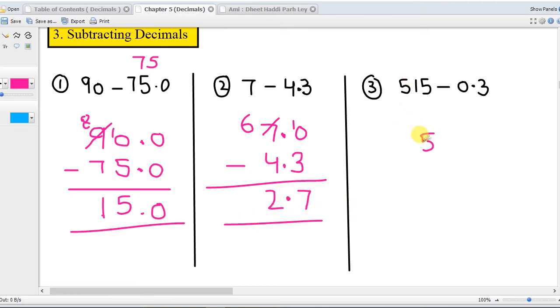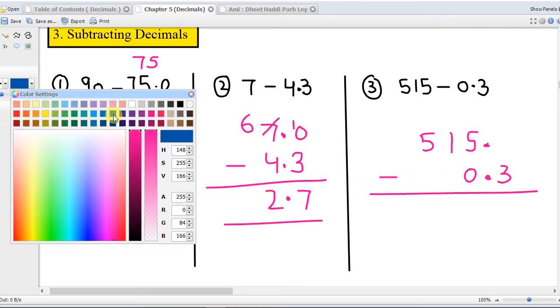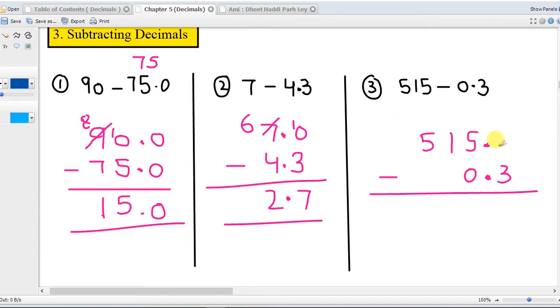Next question is 515 take away 0.3. Where is the decimal point with this number? On the extreme right side. So write the decimal point just below the decimal. Now write the number 0.3, 0 and 3. Now you have to simply take away these numbers, so fill the gap if you want, but if you already know the concept, there is no need to put these zeros.